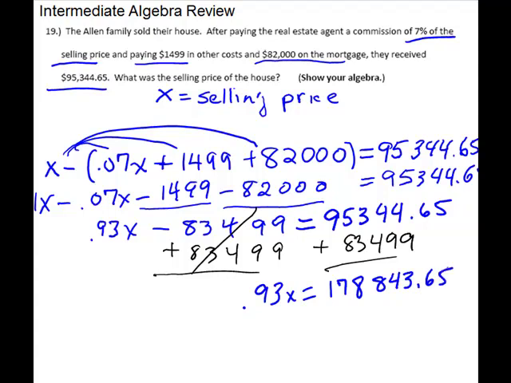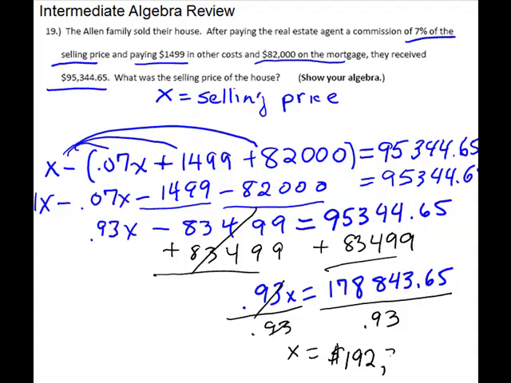And then we have to divide by 0.93. So this would be a nice calculator problem. You're dividing by something smaller than 1, so you're going to get something bigger than what you have. And when you punch that in your calculator top to bottom, you should get 192,305.